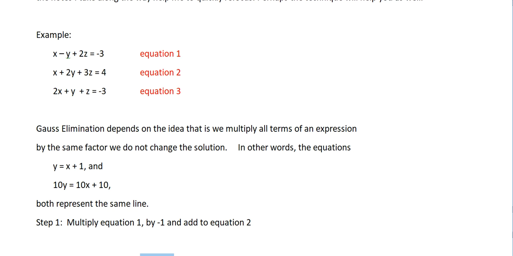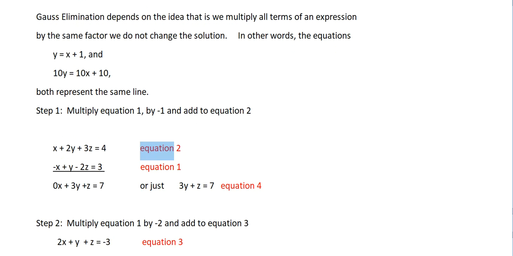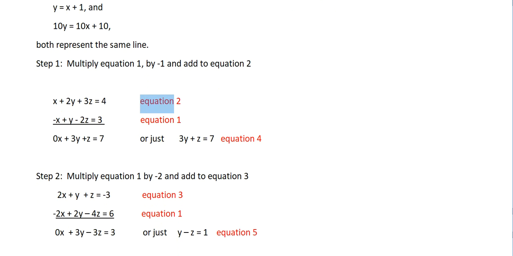x minus y plus 2z equals minus 3. I'm going to multiply the equation by minus 1, and I'm going to add it to equation 2. Now, equation 2 is x plus 2y plus 3z equals 4. You might ask yourself, why did I multiply it by minus 1?